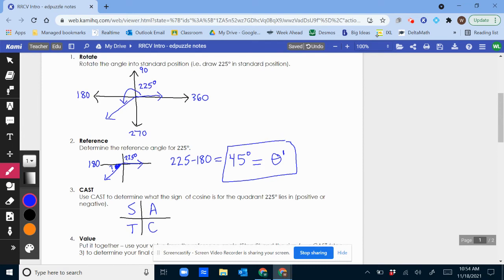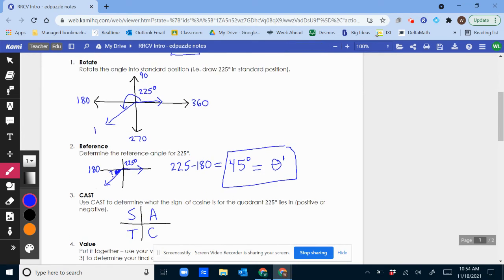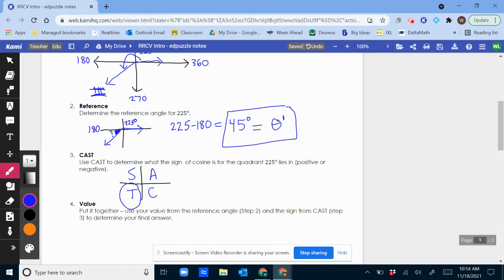If we go back up, 225 lies in quadrant 3. And in quadrant 3, the T stands for tangent, meaning out of sine, cosine, and tangent, only tangent is positive, which means that cosine is negative in quadrant 3.